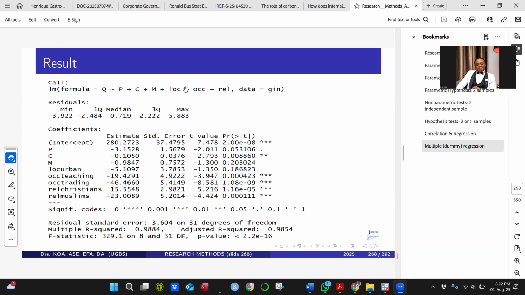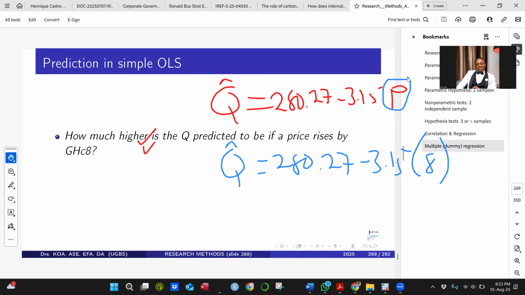Just substitute whatever you see as price or P with that 8 cedis. So the predicted quantity demanded will now be 280.27 minus 3.15 multiplied by 8. You take your calculator and you do the calculation. Who is the fastest person who can give me the answer?